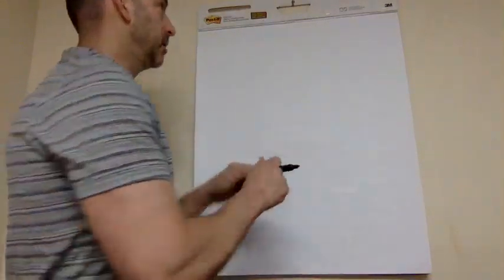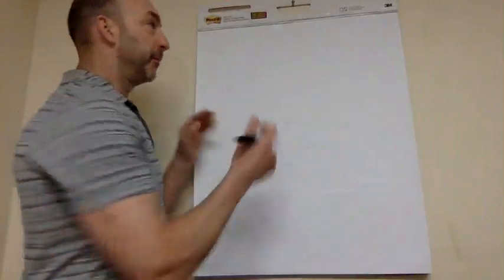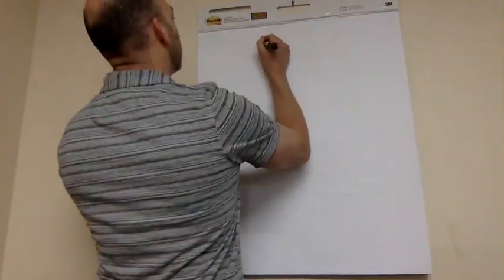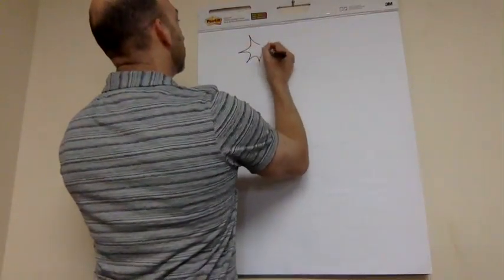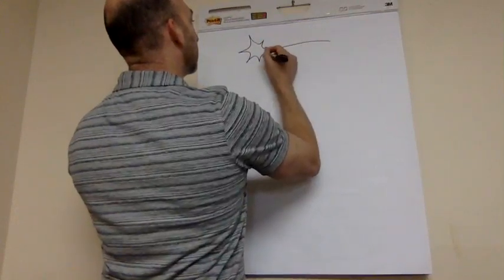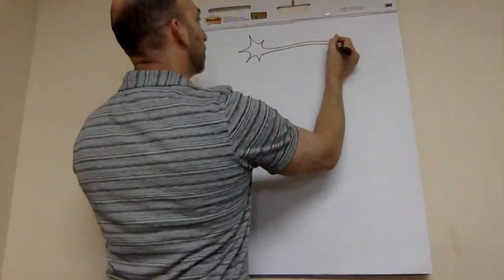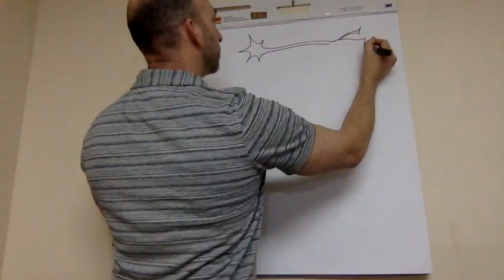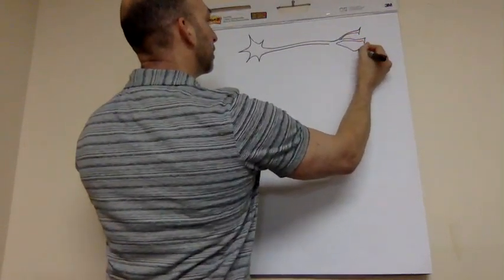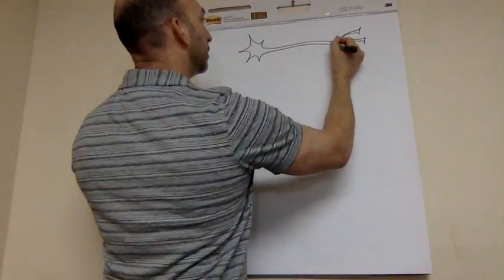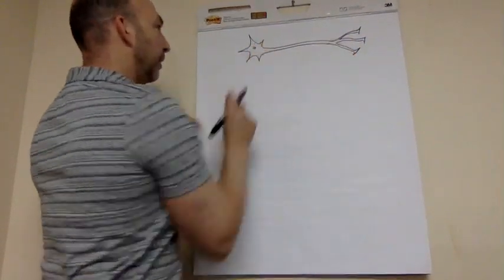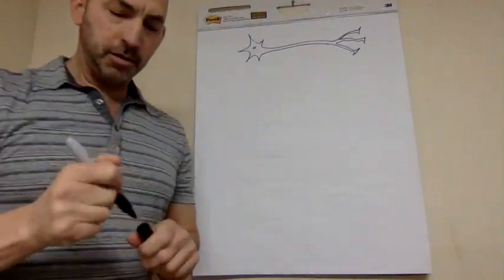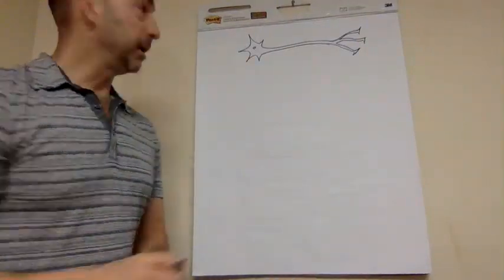What we've talked about so far is, I'll draw my standard multipolar neuron here. We'll have it split into more than one synapse. Again, this cell would very likely receive input.